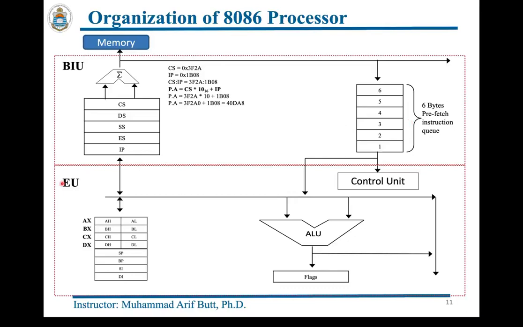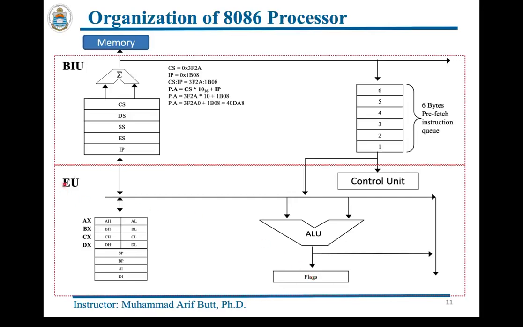Well, this execution unit draws an instruction from this prefetch instruction queue. This control unit checks for the instruction opcode and the operands, and I think you know what opcodes and operands are, and delivers them to the ALU, which carries out the required arithmetic or logic operation and writes the result in the appropriate destination registers, and also updates the appropriate bits of the flag register.